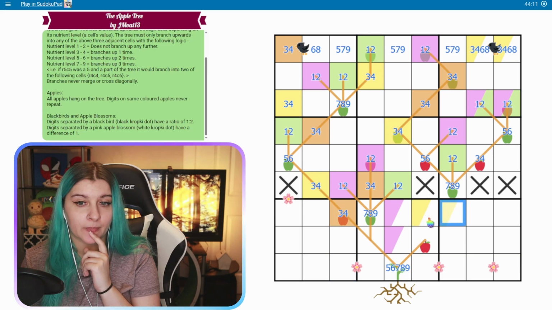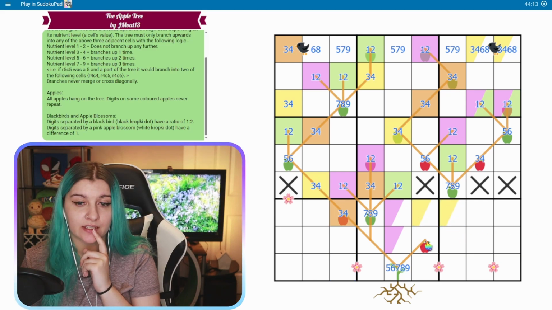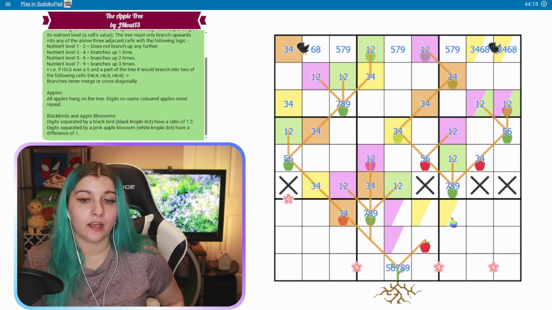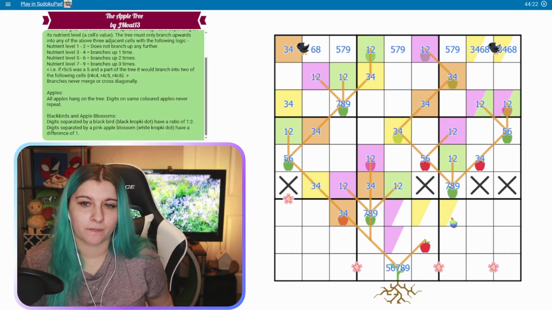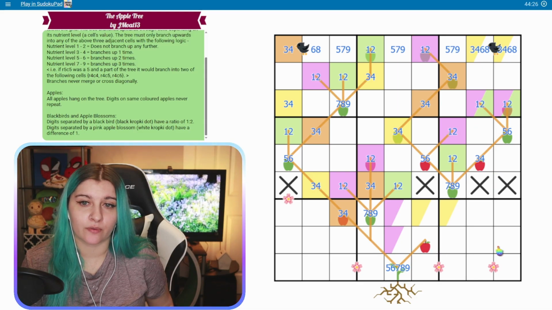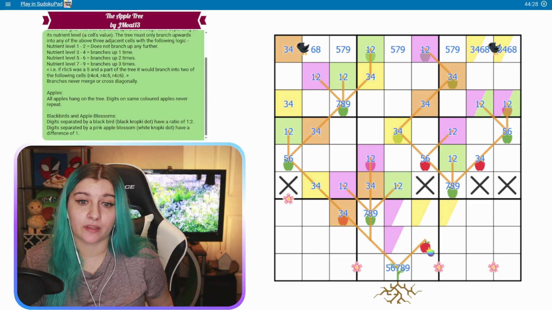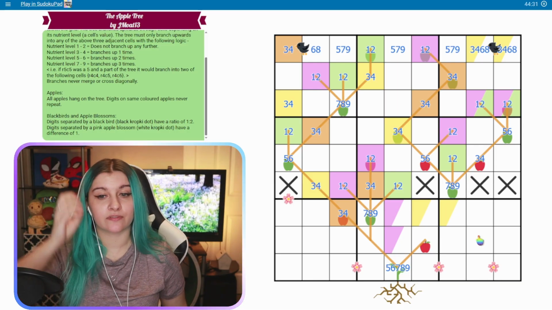Okay. Now I need this to go up into one of these. Apples, red apples can no longer be 1, 2, 3, 4. So this goes up at least twice. Uh-oh, this is at least a 5, 6.